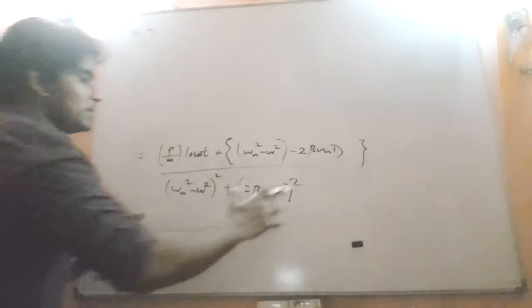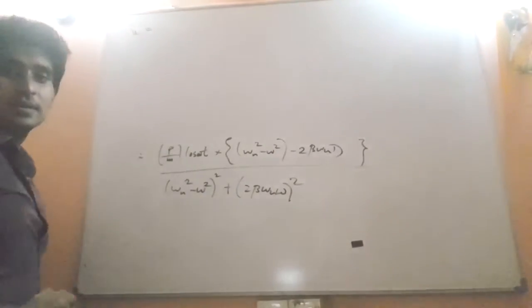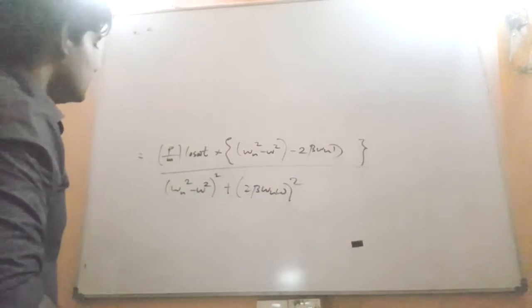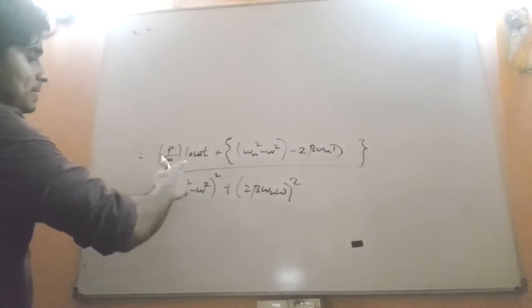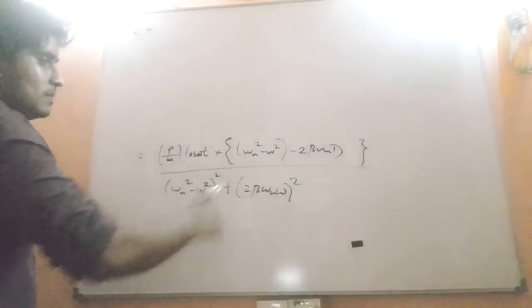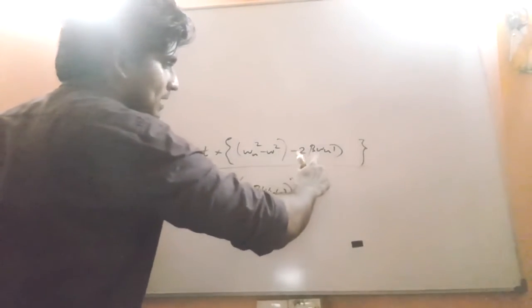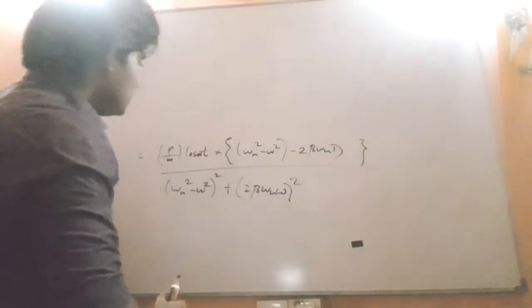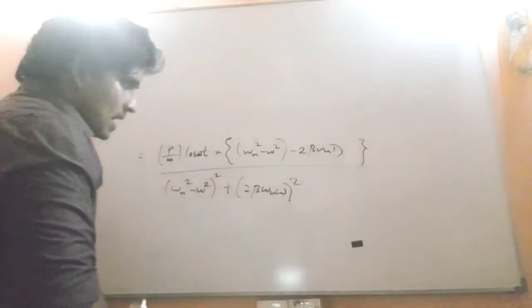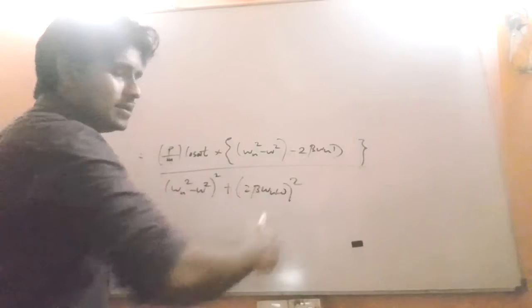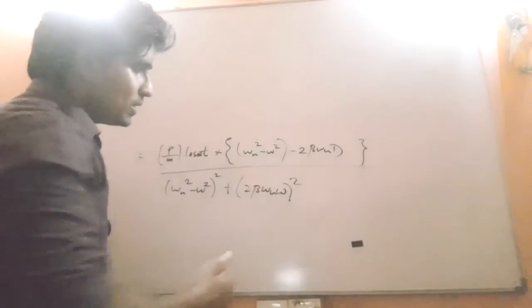Okay, so from here I am again going to the top, right? So now p divided by m cos omega t we have, and omega n squared minus omega squared we have, and minus 2 beta omega n d we have, right? So now what you can do is, as I have taught you, here this d is an operator, right? So what is this d?